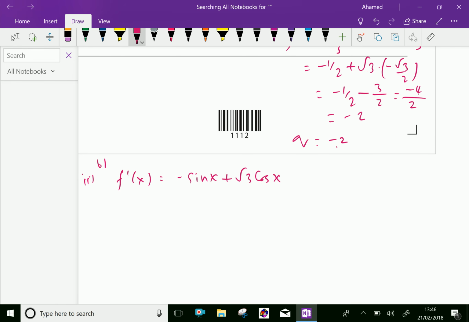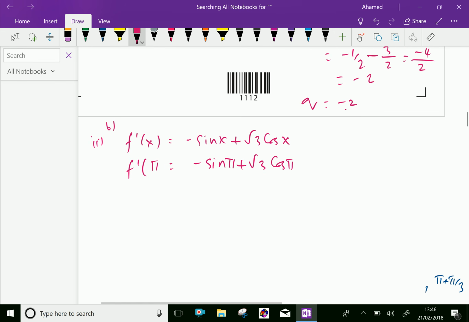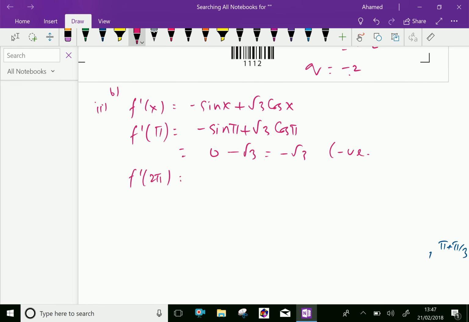Then the second question. Here also you have to substitute in f' the values π and 2π. First the π value: we substitute minus sin π plus root 3 cos π. Sin π is 0 and cos π is minus 1, so minus 1 into root 3 is minus root 3, a negative value. Then we substitute f'(2π), because our minimum is in the domain between π and 2π. So minus sin 2π plus root 3 cos 2π gives 0 plus, cos 2π is 1, root 3 into 1 is root 3, a positive value.